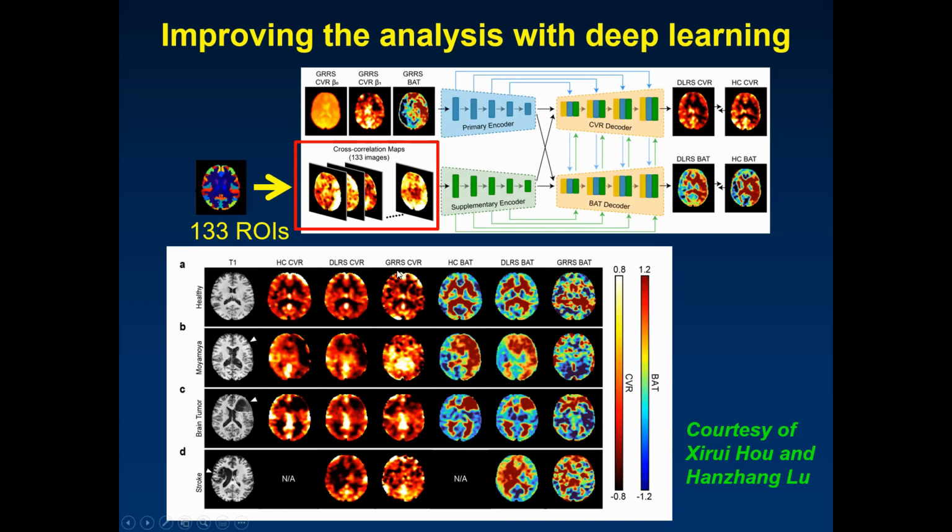We also show the general linear regression resulting CVR and BAT, which are also the input of this deep learning network. By comparing these maps, you can clearly see that the deep learning method largely improved the CVR and BAT maps compared to the direct output from the general linear model.